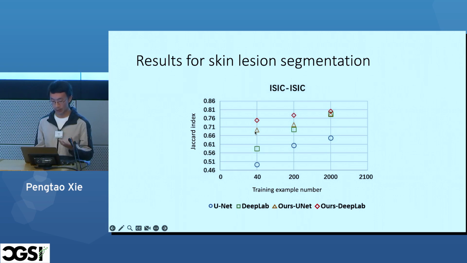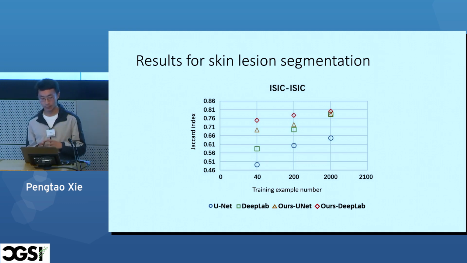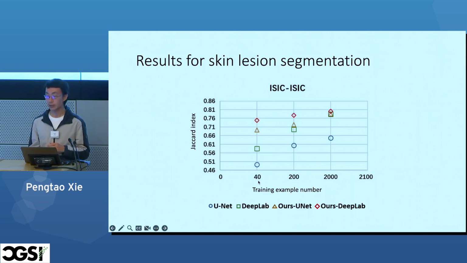It achieves better performance than the vanilla UNet with 50 times fewer training examples. This demonstrates that our framework can train highly generalizable semantic segmentation models using a very small amount of labeled data. Instead of having doctors label 2,000, we can just label 40 and apply our method, and achieve performance similar to 2,000 examples.